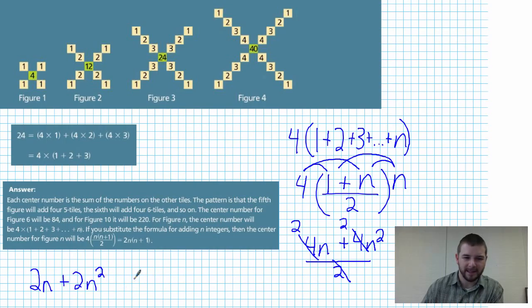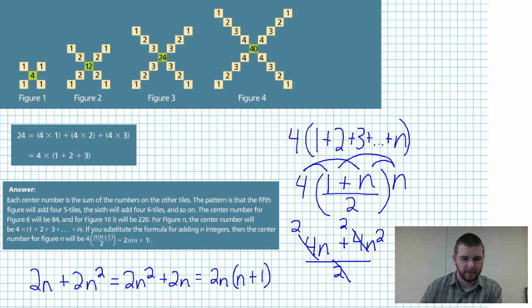I'll also rewrite in standard form. And finally, factor out a greatest common factor of 2n. And we're left with a formula that will find the sum for us of the nth figure.